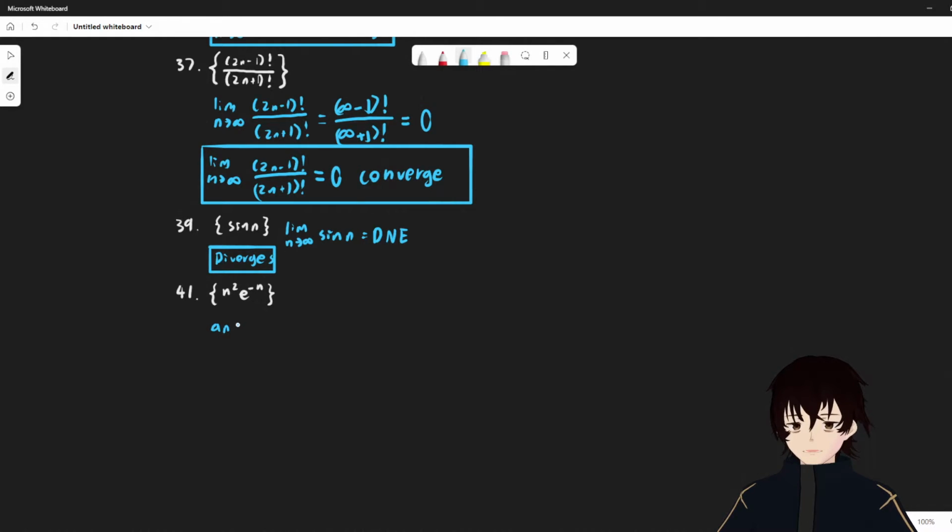So let's say the sequence is equal to n squared over e to the power of n. e to the power of n is going to beat out n squared eventually. So the limit as n approaches infinity of n squared over e to the n is infinity over infinity. Then we do L'Hopital.